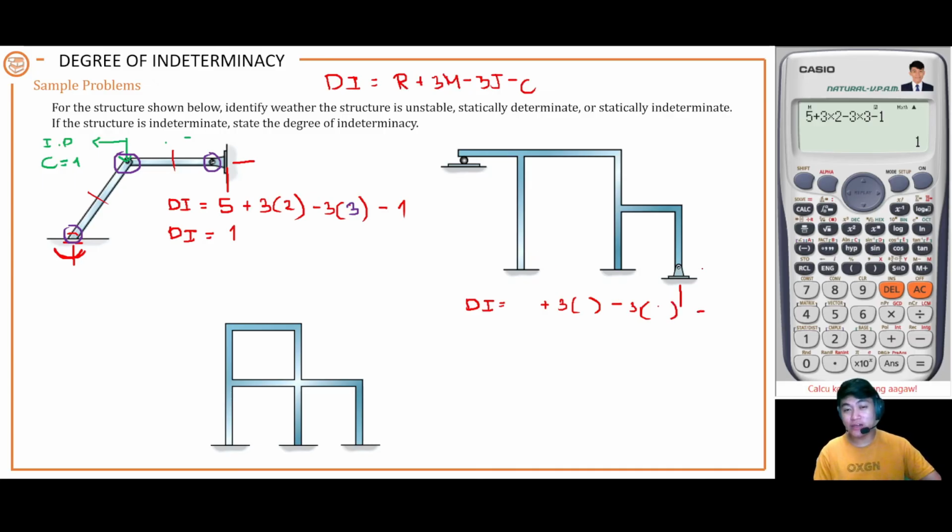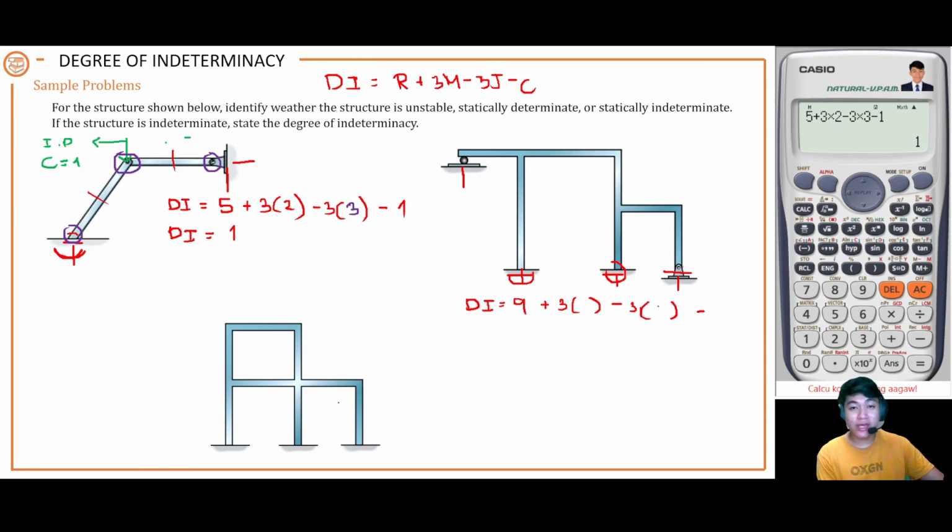For this problem, how many reactions do we have? For a hinge, 1, 2. For a fix, 1, 2, and then a moment, 3. For another, 1, 2, 3. For a roller, 1. How many total reactions? So 1, 2, 3, 6, 7, 8, 9 reactions.